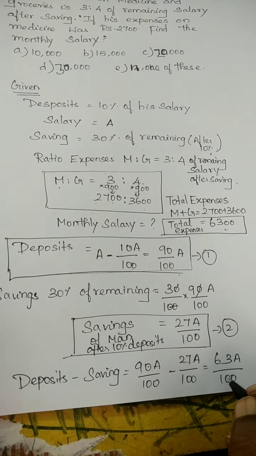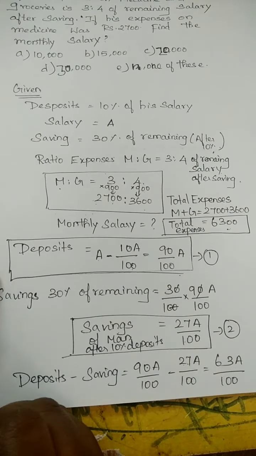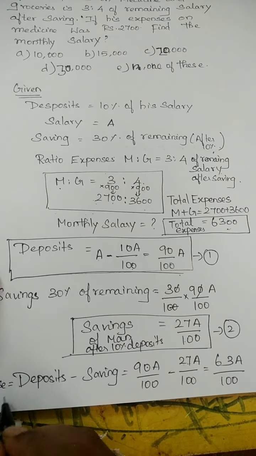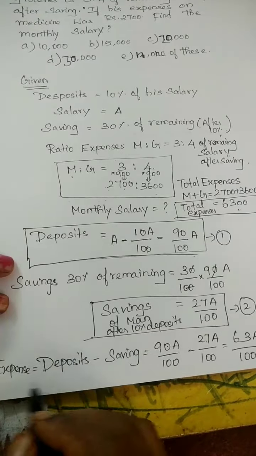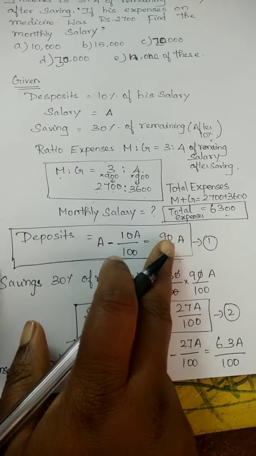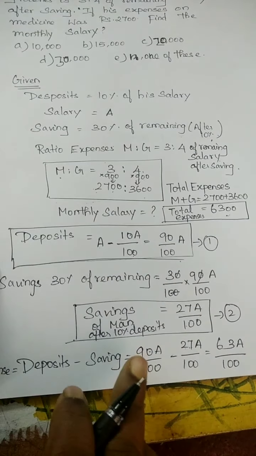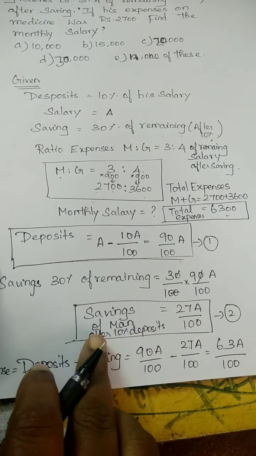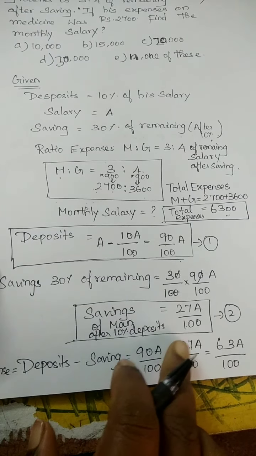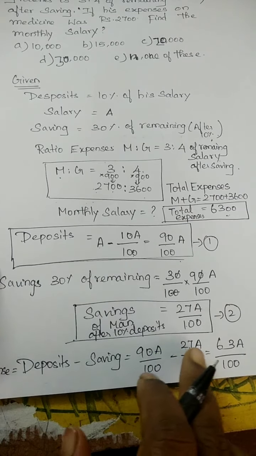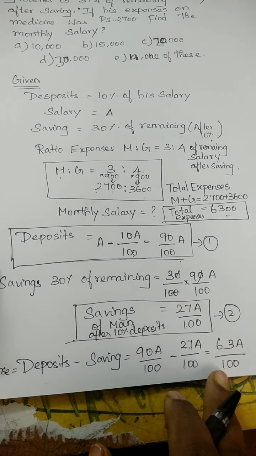Okay, this is the expense, which is equal to deposit minus saving. Already we know the deposit of 10% is 90A by 100 and the savings of the man after the 10% deposit is 27A. So deposit minus savings gives 63A by 100.